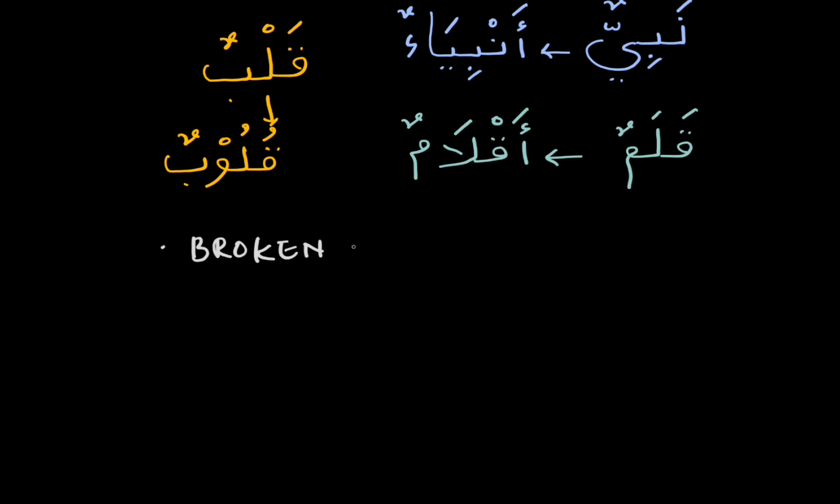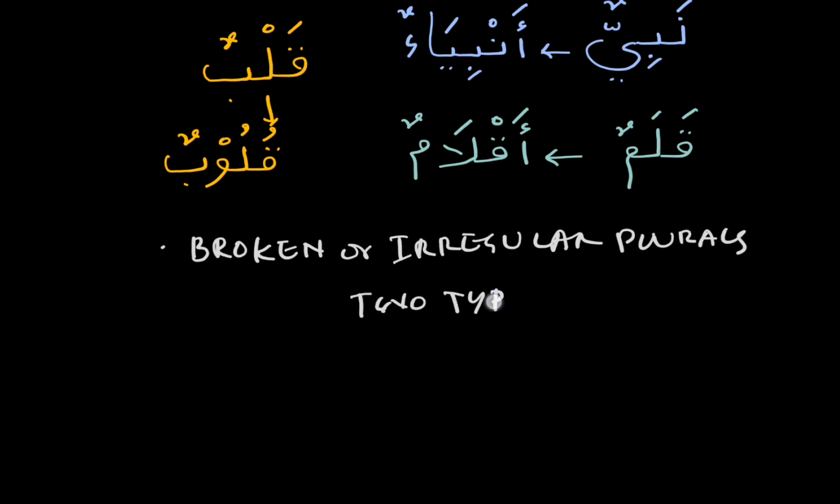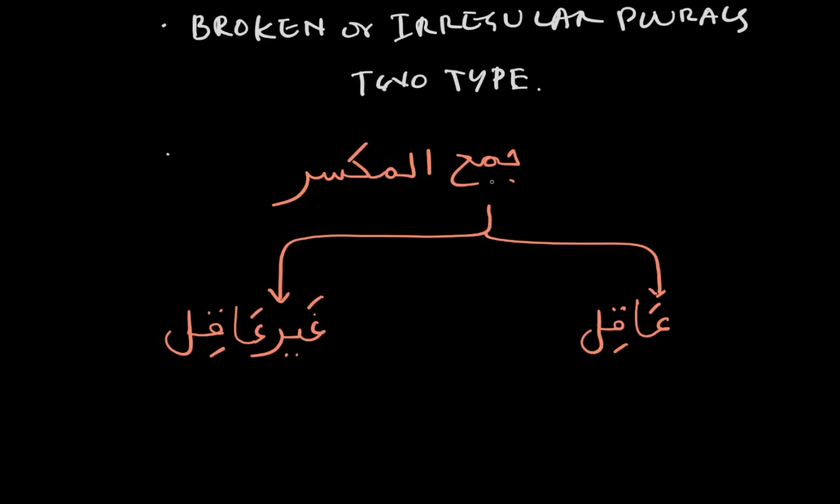Now these broken plurals or irregular plurals are divided into two types, that is aqil and ghair aqil. The aqil example is rasulun, rusulun, and the example for ghair aqil is aqlamun.